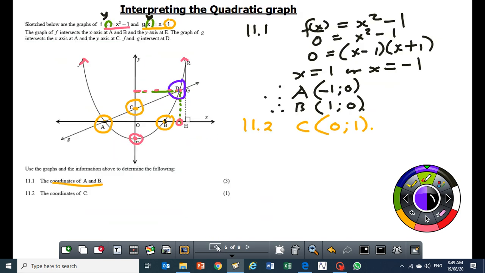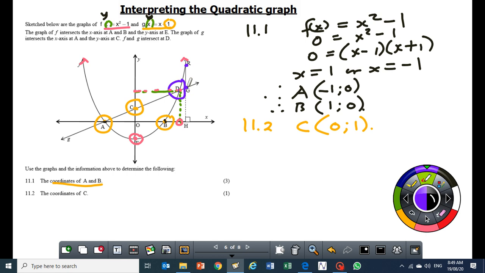This point is point R, and that's point G. So we want the length of RG. I'm sure you can see that R lies on the quadratic function, which is F. And point G lies on the straight line.